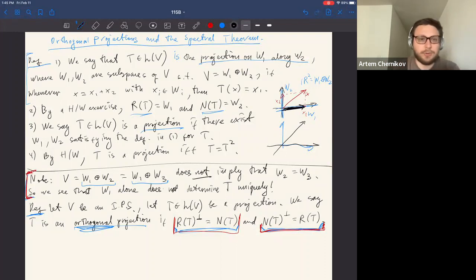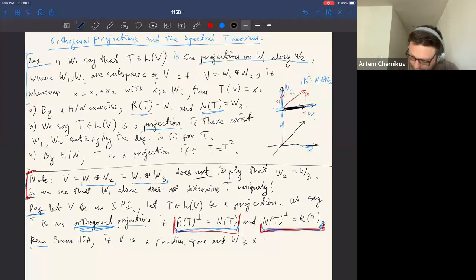Okay. So first of all, we have the following remark about this. From 115A, we know that if V is a finite dimensional space, and W is a subspace of V, then if we take the orthogonal complement of the orthogonal complement of W, what we get is just W itself, right?